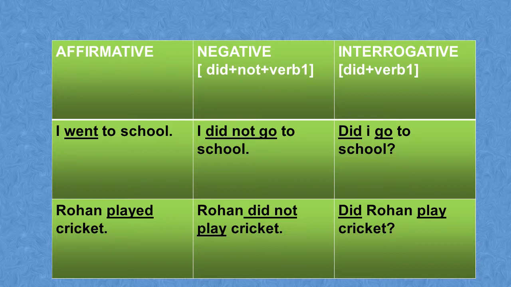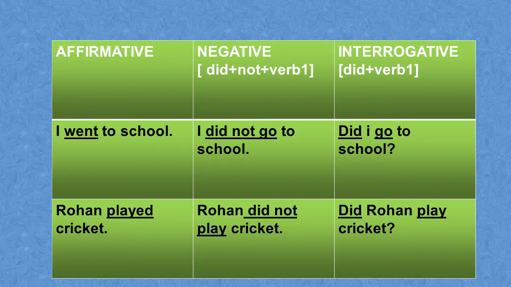Next is negative sentences, in which we add did plus not plus first form of verb. For example, I did not go to school. Next, Rohan did not play cricket.